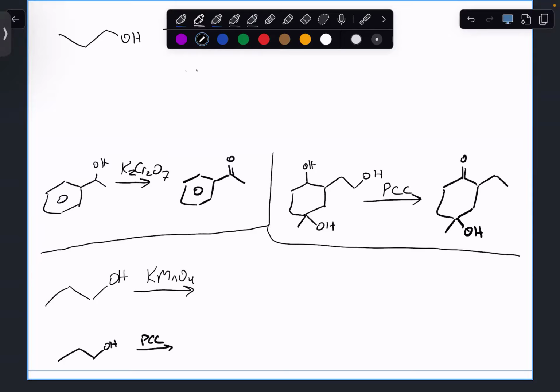The only one you've got to think about are the primary alcohols, which is what you have over here. So what kind of functional group should I put as my product for that one? Yep, that will be the aldehyde because PCC is a weak oxidizing agent.